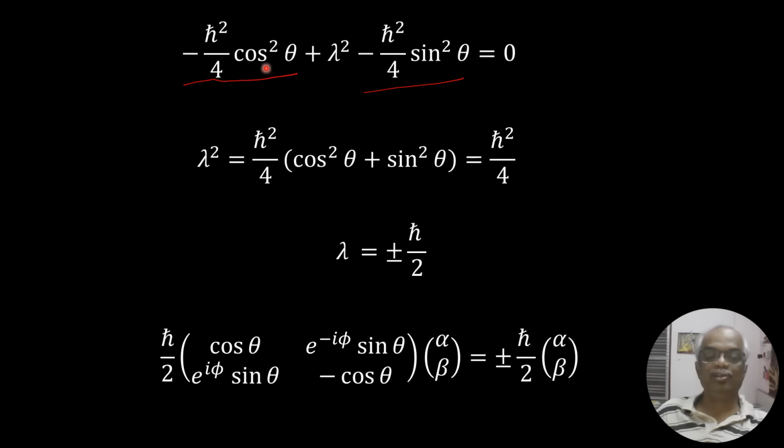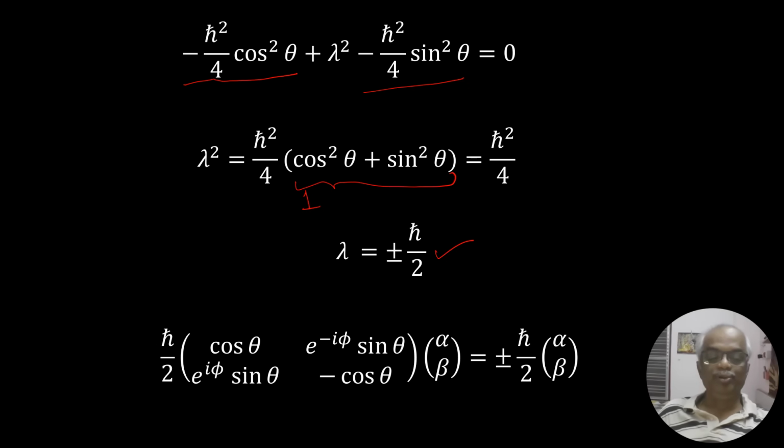Then you have cos²θ plus sin²θ, which you know very well is equal to 1. So λ² is equal to ħ²/4. If you take the square root, you will get λ equal to plus or minus ħ/2, what we expected from the Pauli spin matrices. So the spin eigenvalue is plus or minus ħ/2.